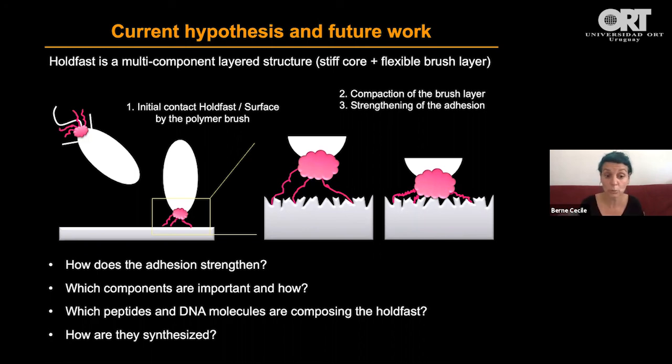I still don't know what those peptides and DNA actually are, because they must be specific ones. I don't know which ones they are. And once I am able to identify them, I need to understand how they are synthesized, because if I want to be able to recreate holdfast in a tube, I need to know all that.